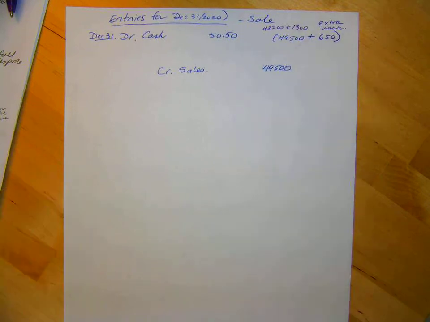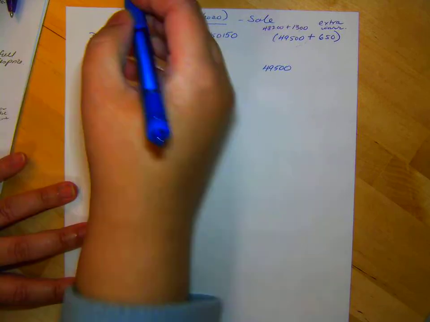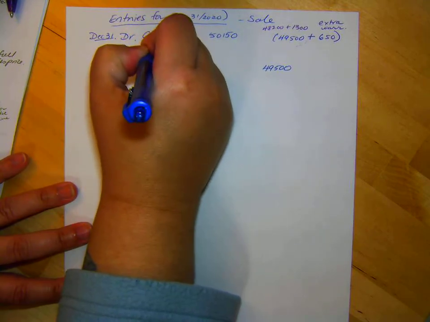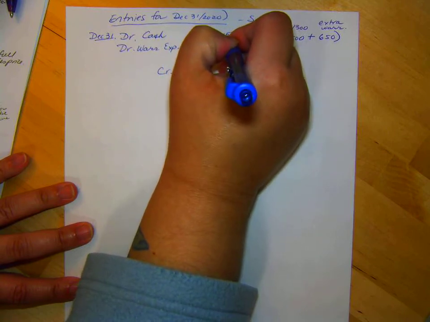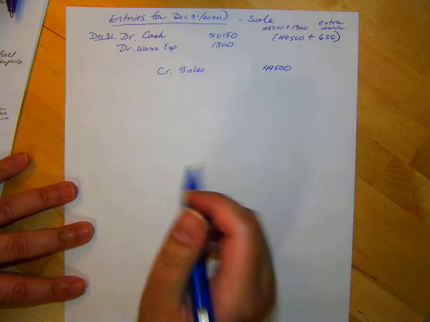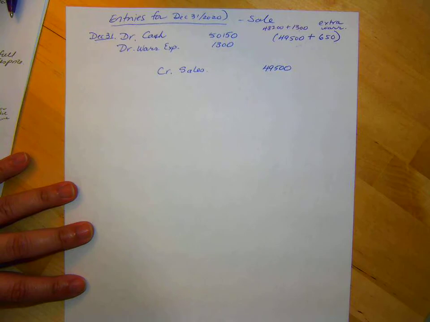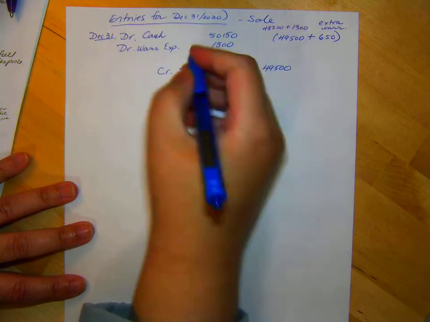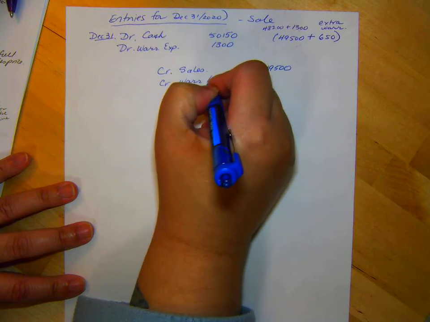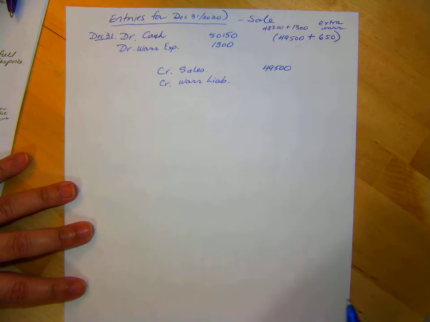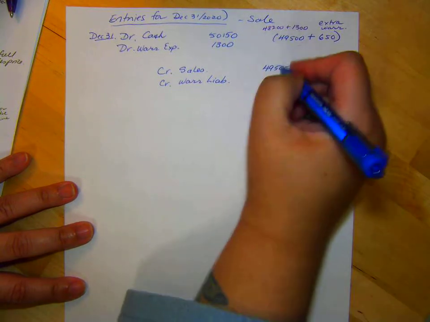This is way back. Remember, we set up an expense and a liability. So we're debiting warranty expense for $1,300, and this is from intro. So if you took 311 or 111, 161, and we credit warranty liability, and that's going to be for $1,300 as well.